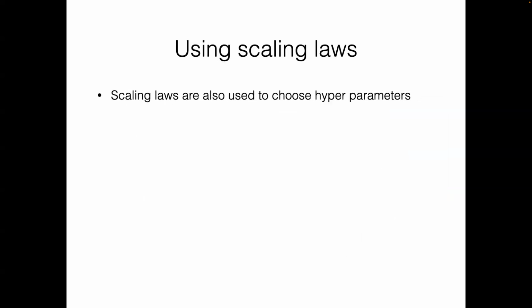So just really briefly, and again, I can only go over this briefly, but people will actually use these scaling laws not just for making projections about how good the model will be with tons of compute, but for very practical reasons, like choosing the hyperparameters for pre-training.